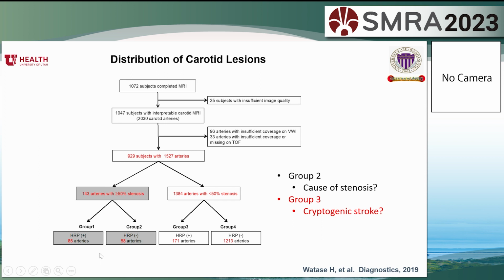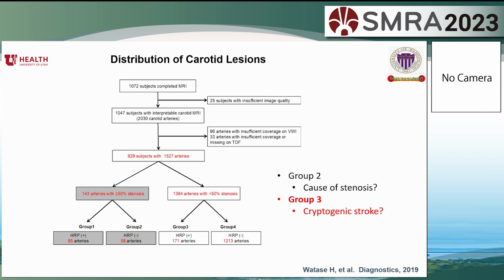And then if you define this based on high-resolution imaging of high-risk plaque, meaning whether they have intraplaque hemorrhage, surface disruption, or a large lipid-rich necrotic core, this is how the groups fit. Group 1 is high risk and high stenosis. Group 2 has severe stenosis but no clear high-risk plaque features. And group 3 is most interesting: high-risk plaque but no stenosis.